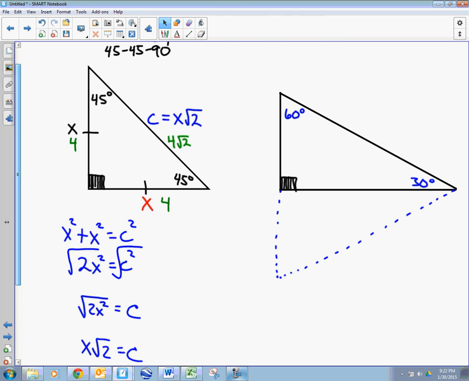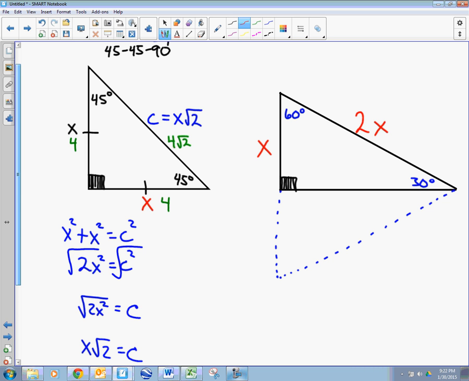So if we call this hypotenuse side x, then the shortest side is exactly half of that, x divided by 2. Now, you probably didn't learn it like that as x over 2 and x. Probably how you learned it was if this is x, then the hypotenuse would be double, so 2x. Okay? So the hypotenuse is always double the shorter side.